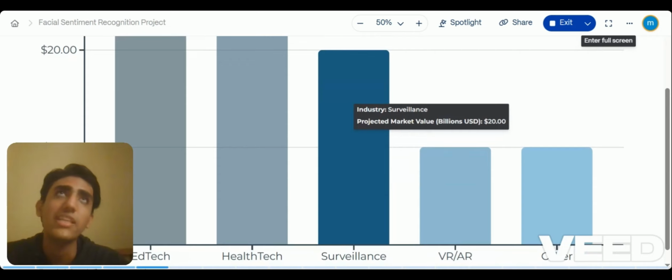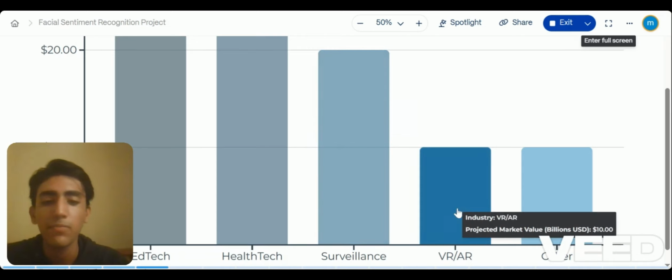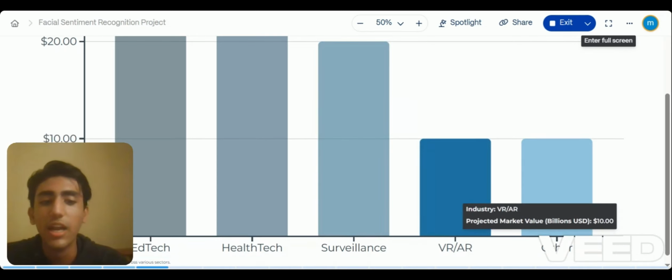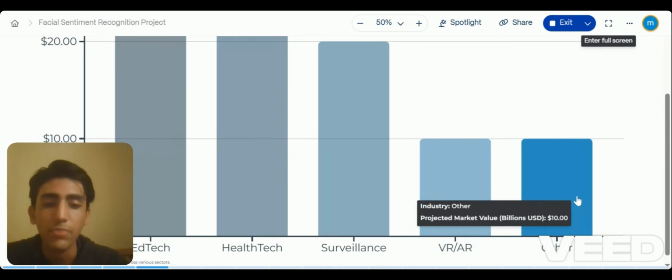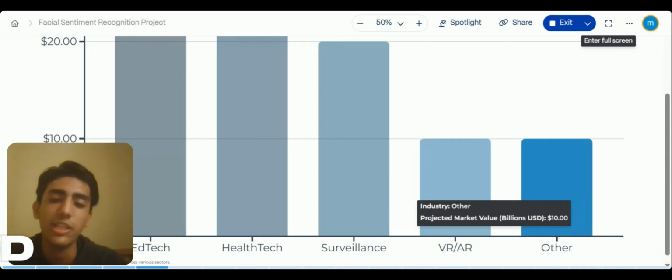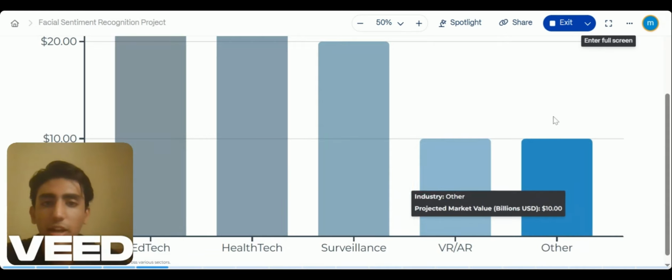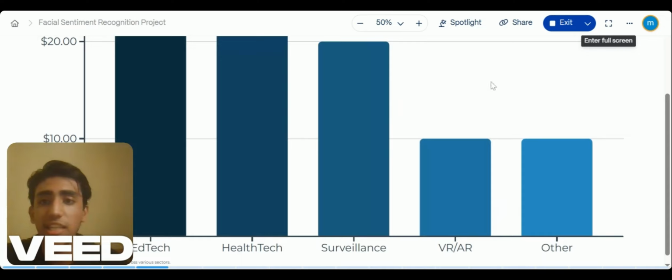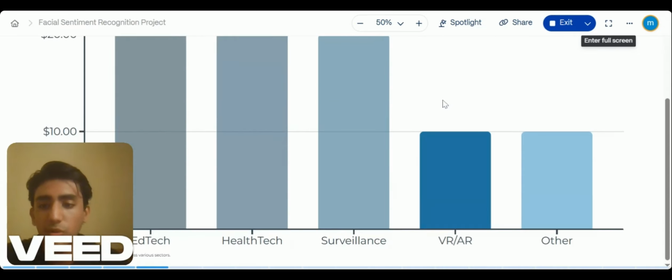If you're monitoring the facial expression, you can figure out if someone is nervous, which could be an indicator that something shady is either going on or is about to happen, right? Then the VR, AR, basically the virtual reality, augmented reality space. Again, there it also has a huge practical application, and amongst them you then have other industries. We discussed one of the industries as customer support, and so on and so forth.